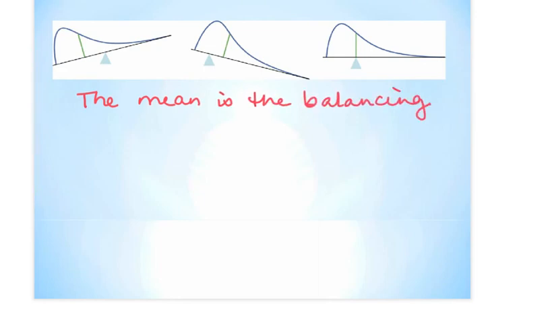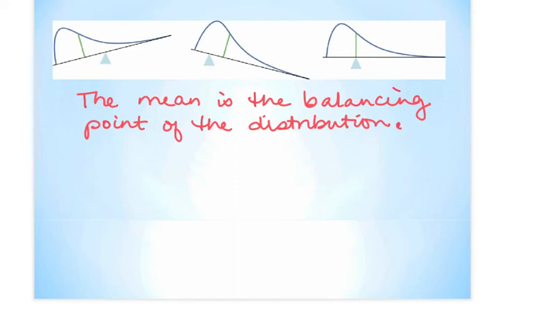Now, technically speaking, the mean is the balancing point, right? Because we talked about this before. It's where everybody gets a fair share. It's the balancing point of the distribution. So this should be where everybody feels the same.